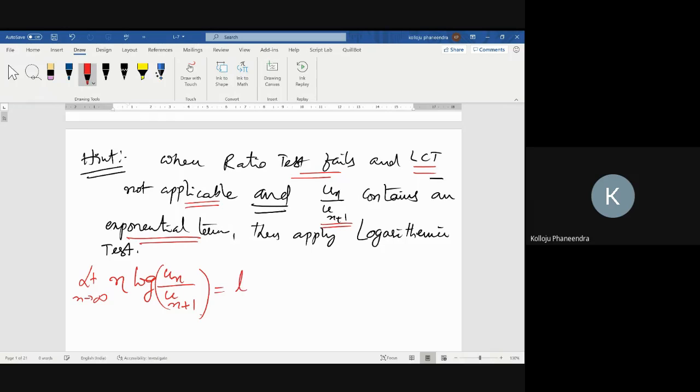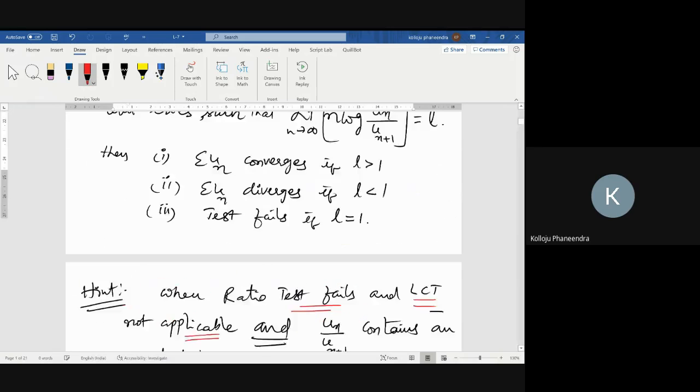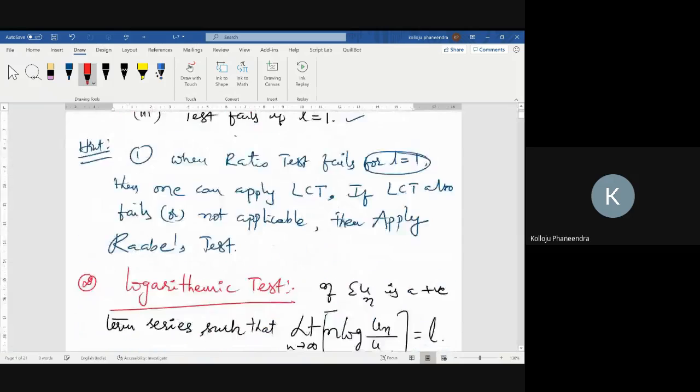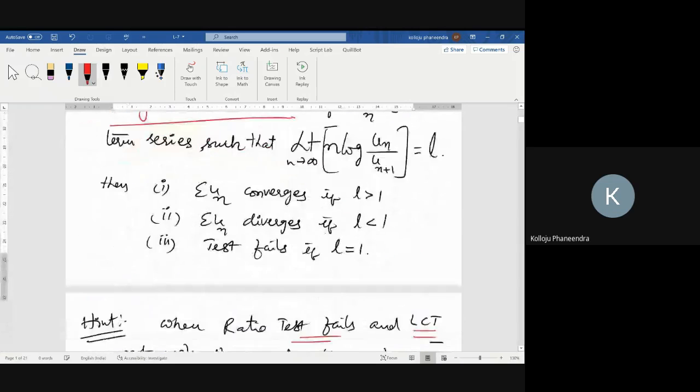This is the value L. If L is greater than 1, converge. If L is less than 1, diverge, and equal to 1, the test fails. These are the two tests related to the ratio test, Raabe's test and the logarithmic test.